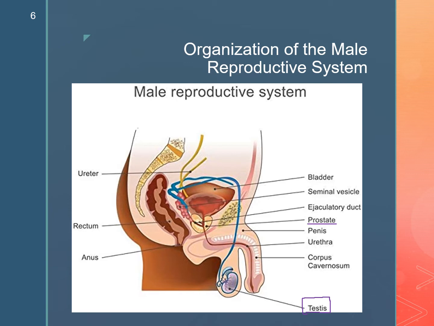And then we have a significant amount of duct work, if you will. And so we have that urethra that passes through the prostate and into the penis, so that's going to carry both urine and semen. We also have the vas deferens. The vas deferens is going to be the pathway where sperm leave the epididymis, where they kind of grow up and mature, and they're going to be able to leave the testicle via the vas deferens and enter into that pathway.